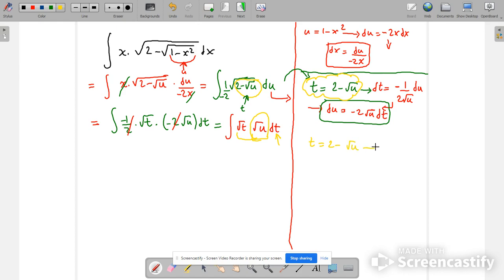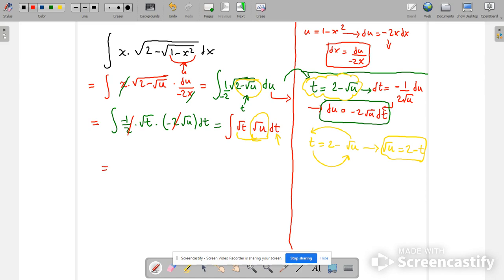Move the square root to the right and move the t to the left, and you have something like this: square root of u equals 2 minus t. So instead of square root of u, you can plug in 2 minus t.